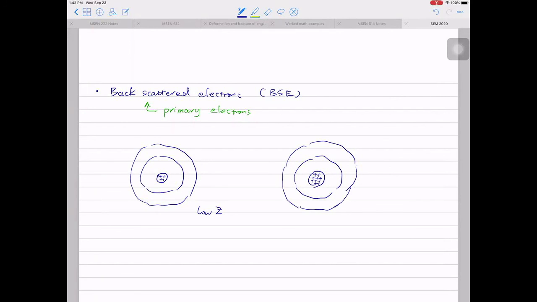When the incident electron comes in, if it's low Z, when the electron travels very close to the nucleus, it will be attracted, then it will be swung back.